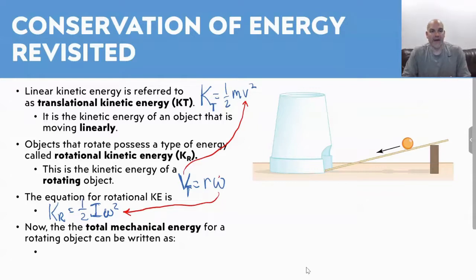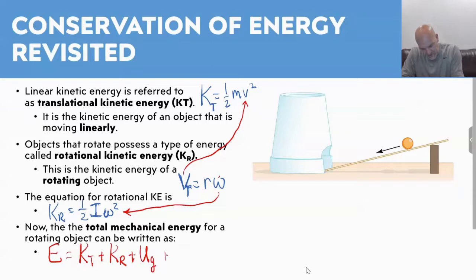Now, what we can do is rewrite that total mechanical energy equation. So E, our mechanical energy, is going to be equal to K translational plus K rotational. So it's like our total kinetic energy plus our potentials, U_G plus U_S.